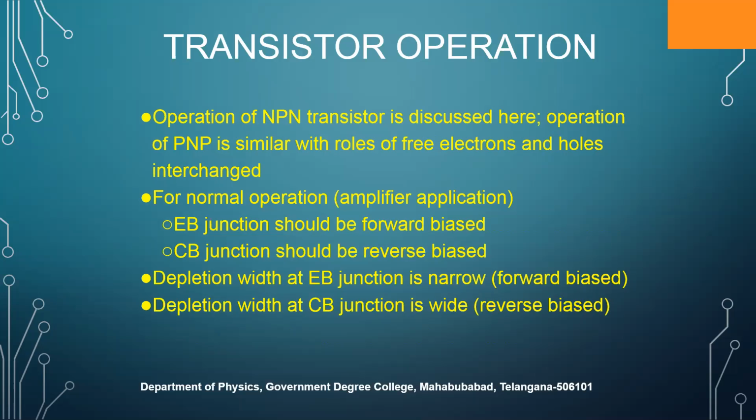So when you consider a PNP or NPN transistor, whatever it is, in common base configuration, the emitter-base junction will be forward biased. Because of that, the width of the emitter-base junction depletion region will be very, very narrow. The collector-base junction is reverse biased, so the depletion region width is maximum, or wide.